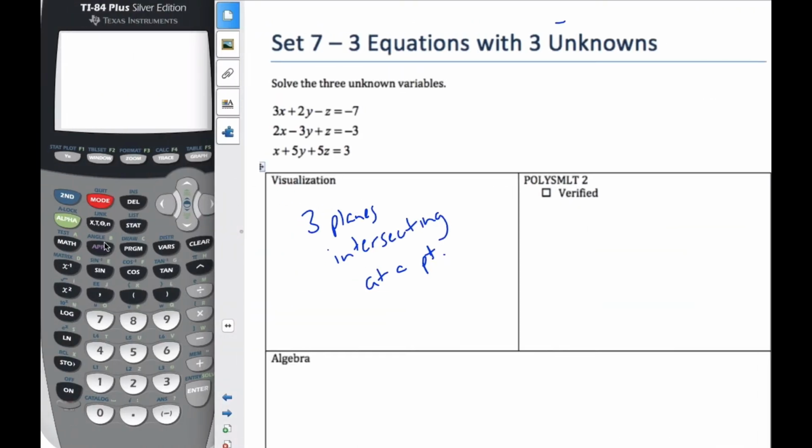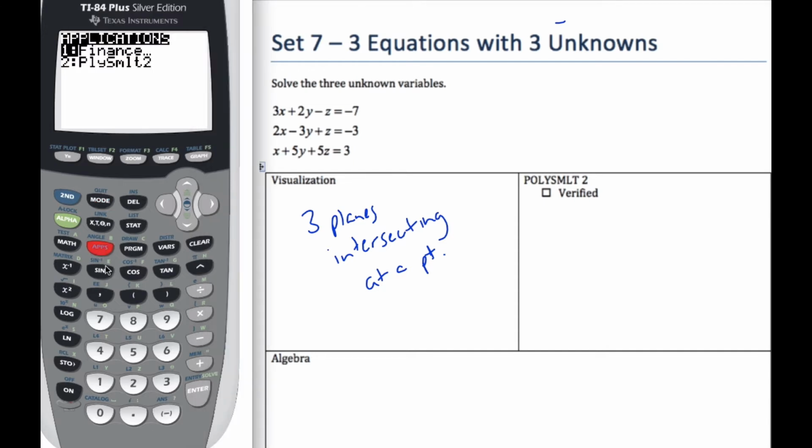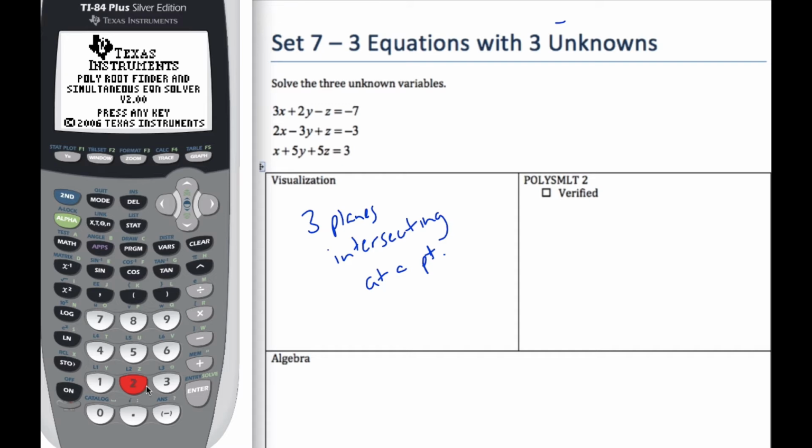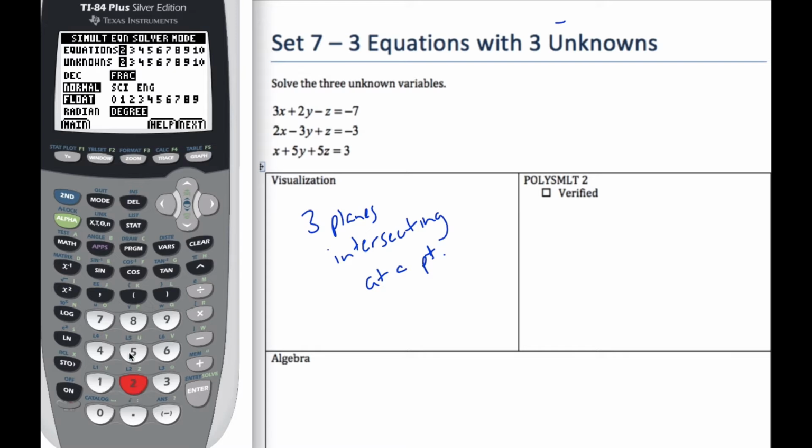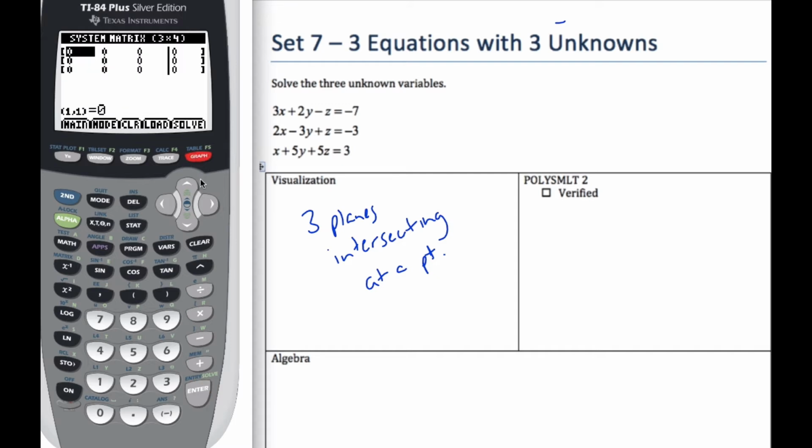If I go to my calculator, it's going to do it for me. I'm going to go to apps, and I'm going to go to polysimultaneous 2. And then I'm going to go to simultaneous equation solver, which is number 2. But today I have three equations, and I have three unknowns. And so then I'm going to go to next by hitting graph.